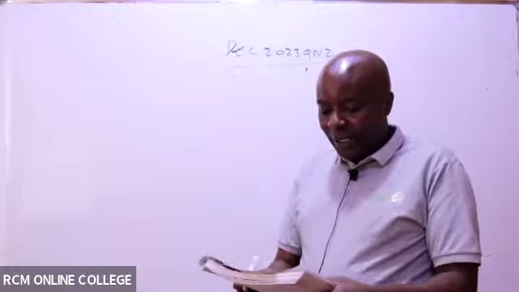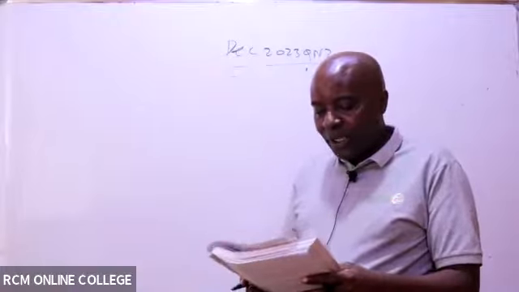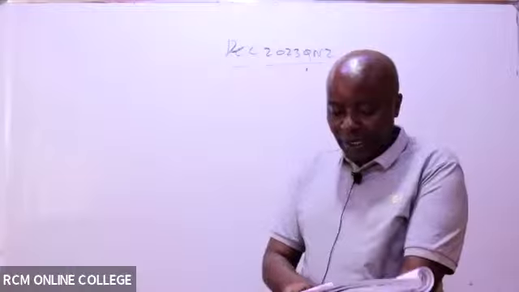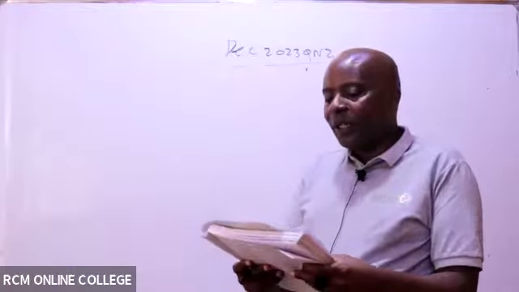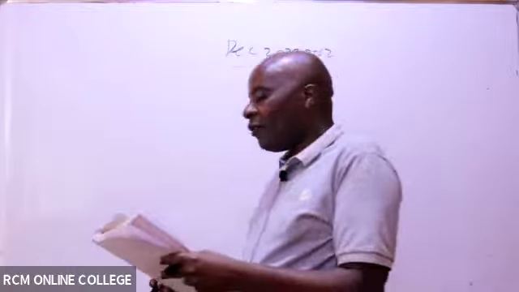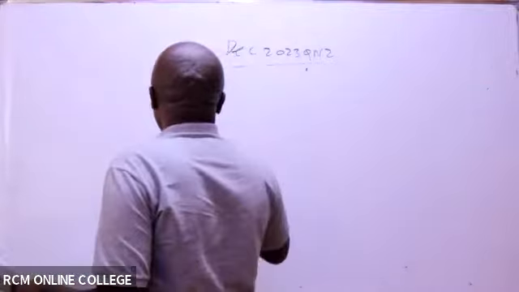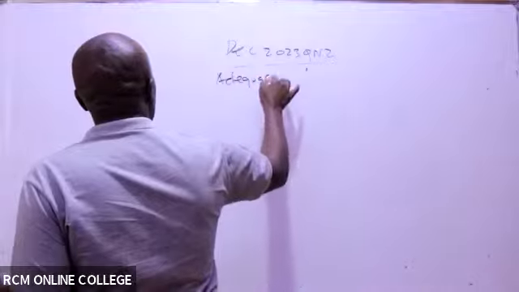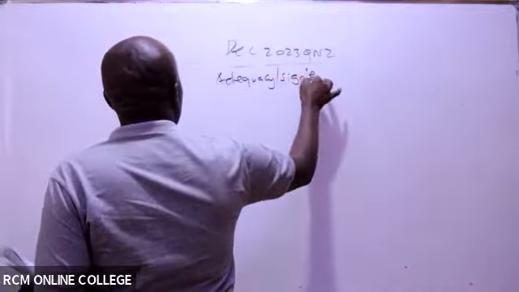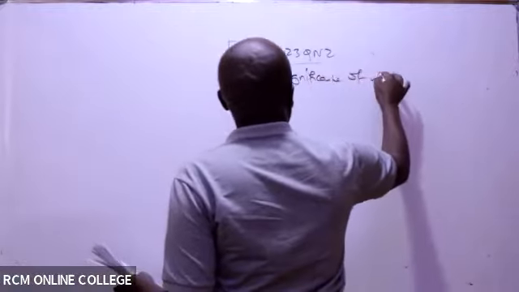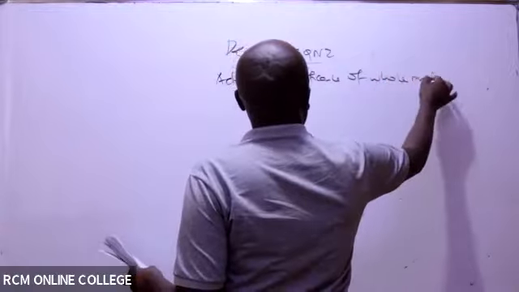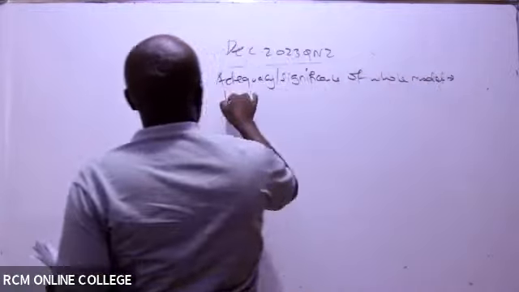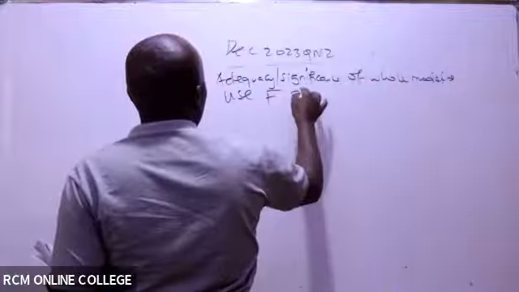All right. Ladies and gentlemen, after that, I would want us to go to the next area where they want us to test the adequacy of the model for prediction purposes. Adequacy of the whole model. Remember, adequacy or significance of the whole model, use the F statistic.